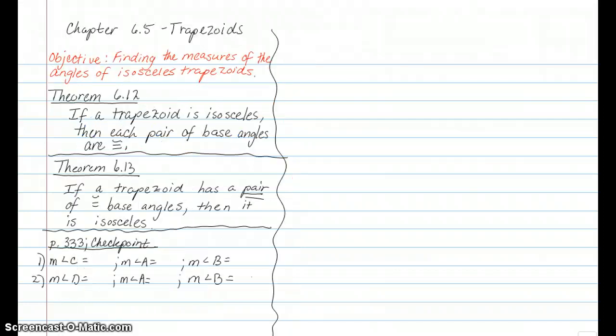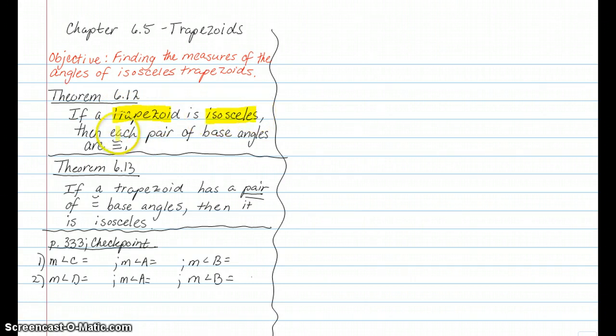One of our objectives with trapezoids today is to find the measure of the angles of an isosceles trapezoid. The theorems we're going to use are 6.12 and 6.13. Theorem 6.12 says, deductive reasoning, if-then statements: if a trapezoid is isosceles, then each pair of base angles are congruent. You can highlight this if you would like.